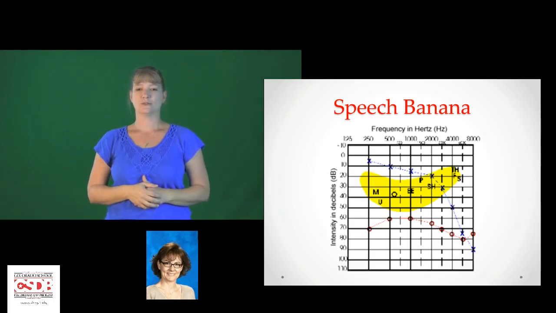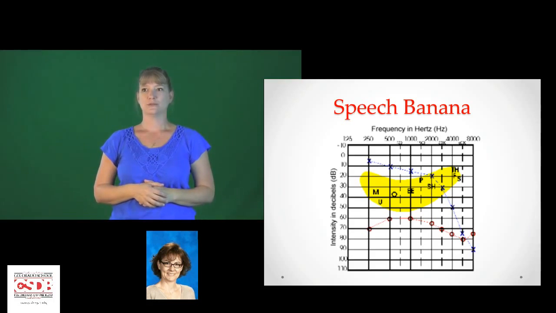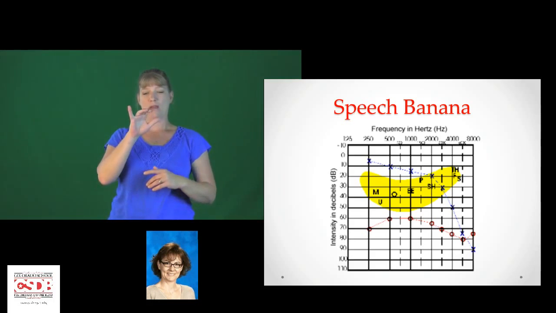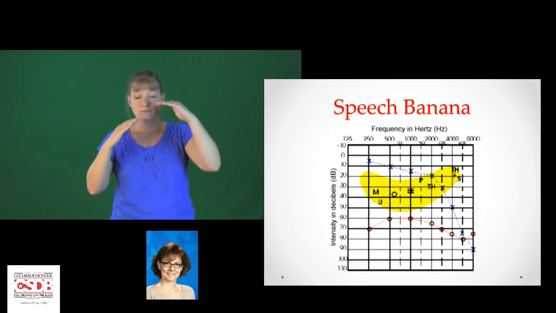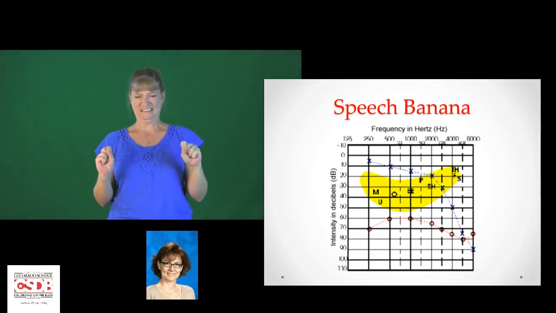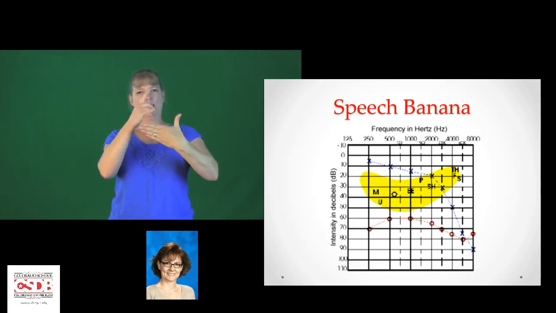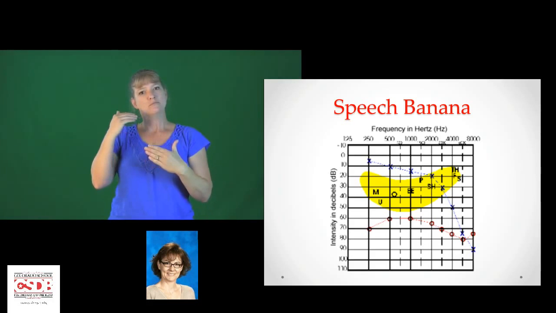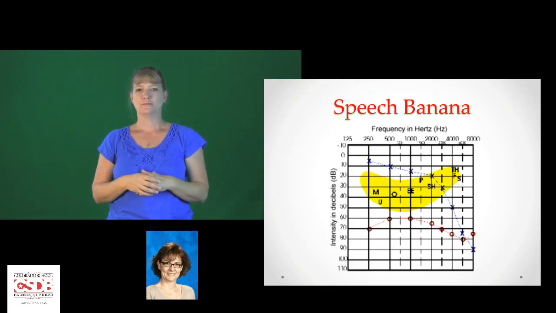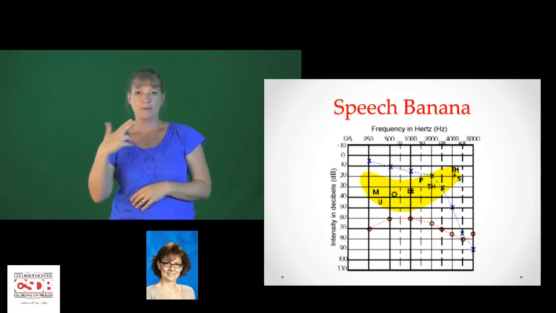On the y-axis of the graph, at the top is very quiet sounds, and at the bottom are very loud sounds. And in the middle, the yellow section, that's where average speech sounds typically fall, according to their pitch and according to how loud they are.